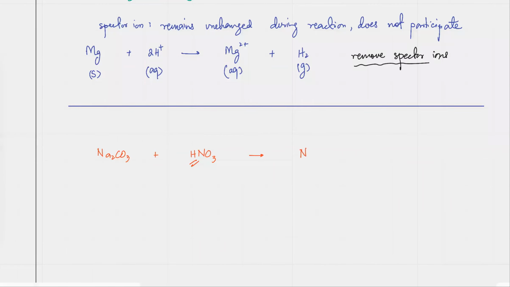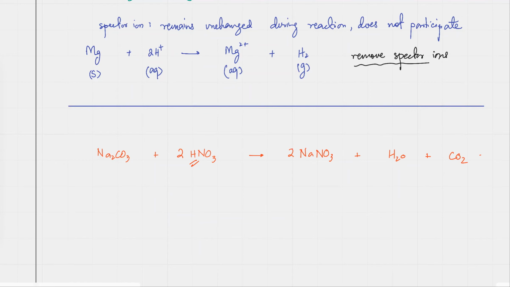It's going to become NaNO3. Na is +1, NO3 is -1. Plus there's going to be water and carbon dioxide. That's my reaction. I'm going to balance this equation. Okay, it's the same reaction that we studied previously as well. There's going to be 2HNO3.